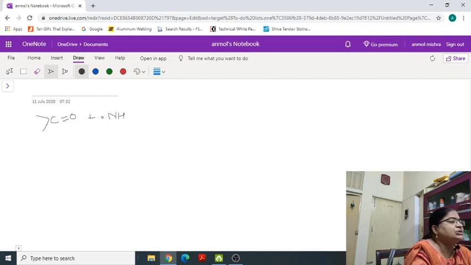So it is NH, it is NH2. Now with reference to this second position, an NO2 group is present, and at the fourth position an NO2 group is present.